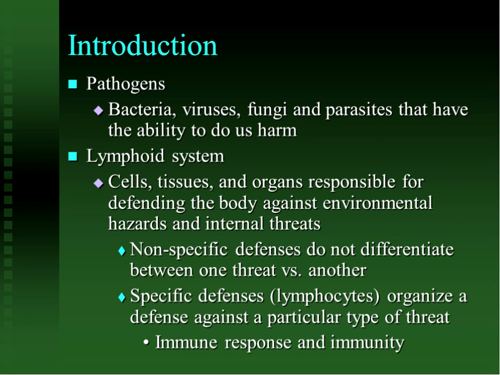Their goal, in many cases, is to get into our body, utilize some of our resources to propagate, grow, and take over, and in doing so, that can harm us or debilitate us. Malaria doesn't necessarily always kill us, but it does sicken us. But in many cases, some of these pathogens are going to kill us, okay?